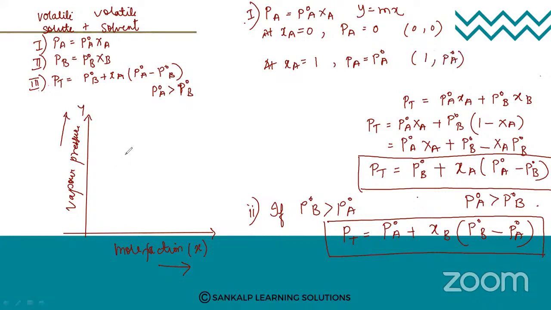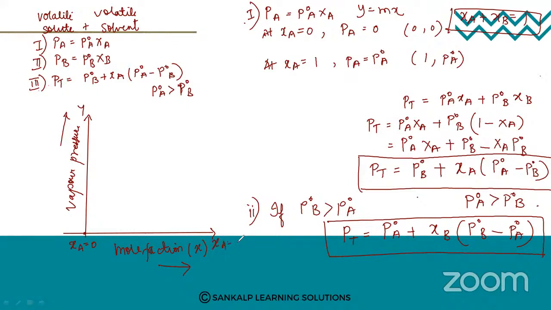So now first we'll draw this. Taking the mole fraction of A at 0, it will be here, so I'll write chi of A equals 0 here. And here, chi of A equals 1. We know that chi of A plus chi of B equals 1, so the total value of mole fraction will be 1, not more than 1.